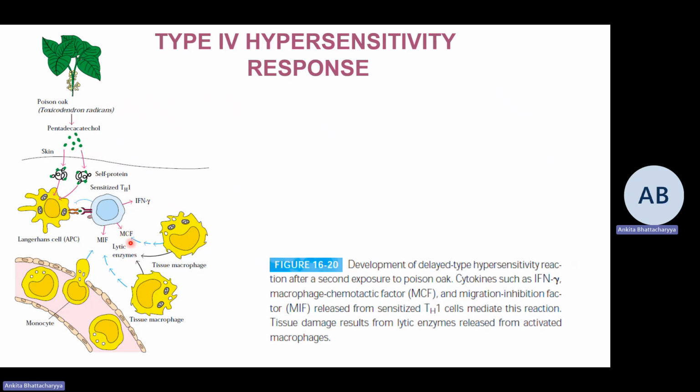Then the tissue macrophage assists, and then that goes back into circulation. The tissue macrophages are able to counter that, and there is a hypersensitivity response against it. There would be tissue damage because of the lytic enzymes these are releasing, and overall an allergic response would be elicited within the system.